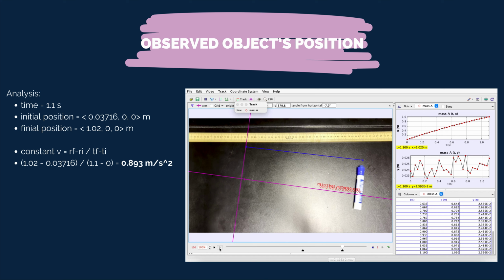To calculate our constant velocity, like we said in the beginning slides, we noted that our final velocity was going to equal our initial velocity, which is just equaling our average velocity. So this can be set up as the change in position over the change in time. And once I plugged in those values, I ended up with the velocity being 0.893 meters per second squared.